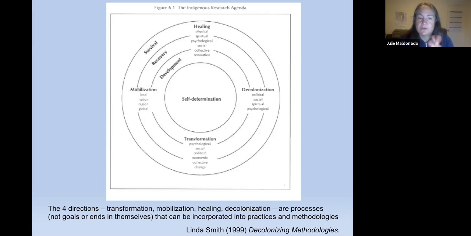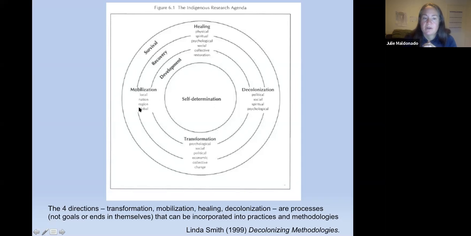What's really critical is thinking about them not as goals or ends in themselves of the research, but as processes, and how they can be incorporated into your practices and methodologies. At the center of this is the community's and people's self-determination.